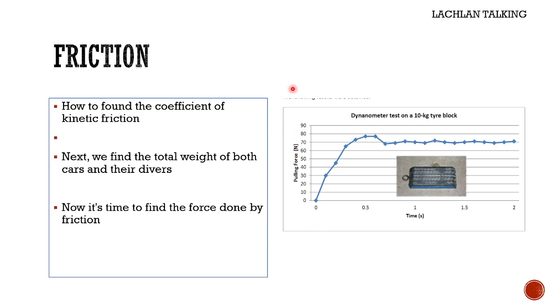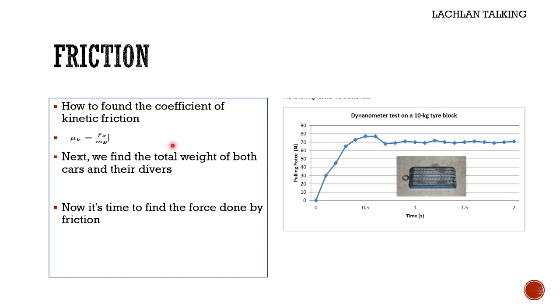So first we need to find the coefficient of kinetic friction. By using this chart on the right, we're able to get the force done by kinetic friction. As we can see in this chart, the force of kinetic friction starts at 70 newtons. So that will be our kinetic friction.